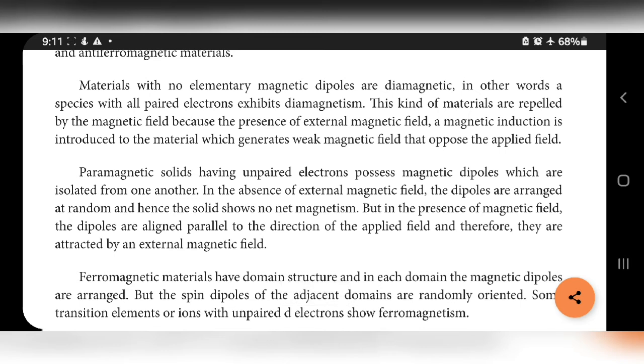Materials with no elementary magnetic dipoles are diamagnetic. In other words, species with all paired electrons exhibit diamagnetism.